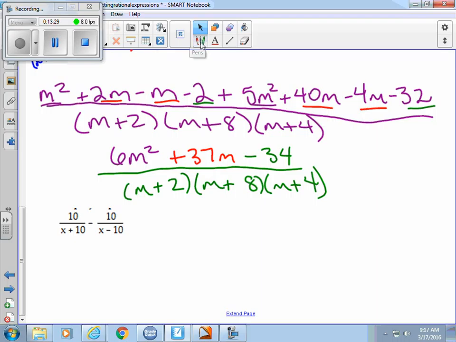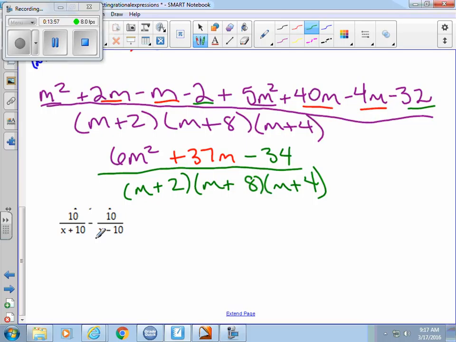Alright, let's look at the next one. What do we do on it? Let's try it. Say we multiplied the right one by negative 1. Wouldn't that give me a negative x and a positive 10? Now, when can we play that negative 1 trick?